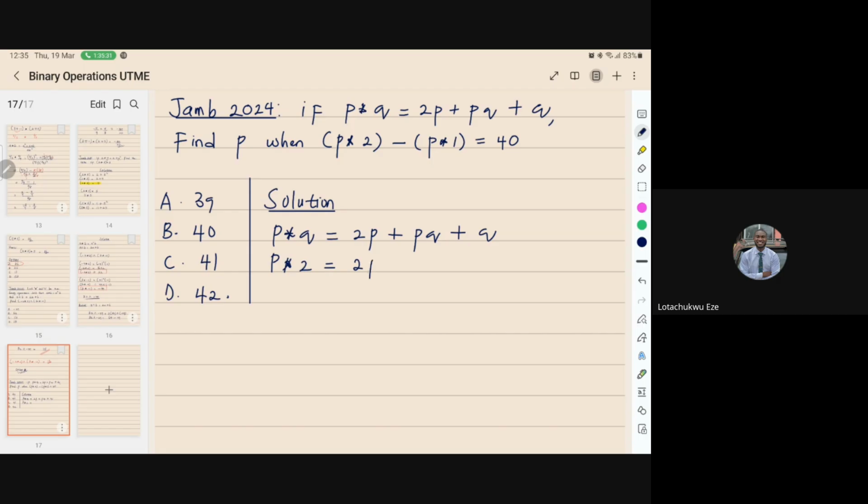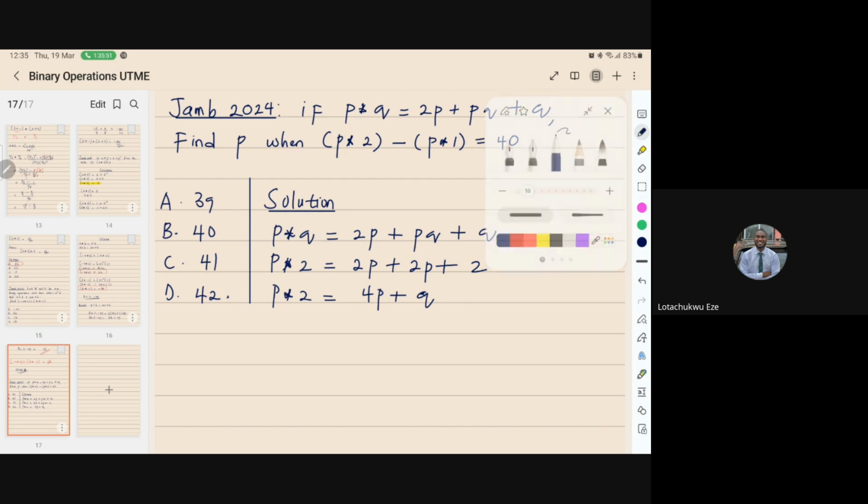Will be 2p plus 2p again plus 2. So that means that p asterisk 2 will be 4p plus 2. Let's keep this guy somewhere.